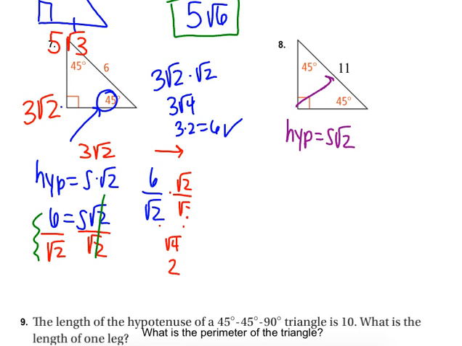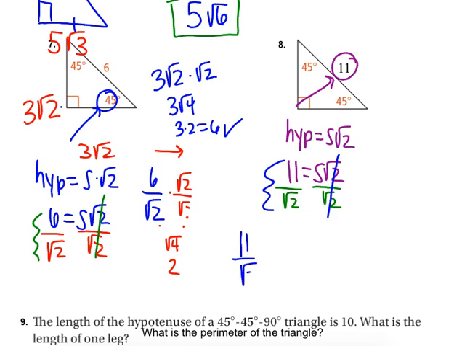Plug in what we know. I know my hypotenuse is 11, and I'm trying to find out what my leg is. So I'm going to divide by the square root of 2, divide by square root of 2. This is nice, those go away. But now I have to fix this mess right there.